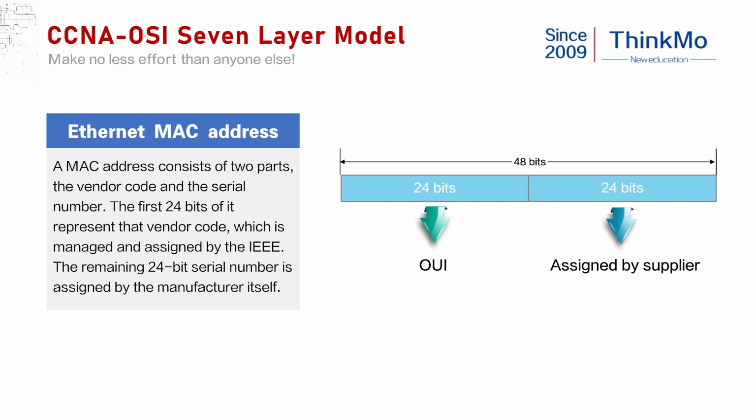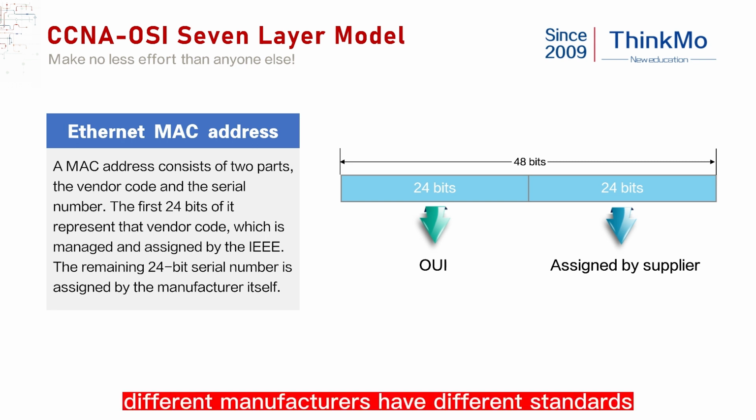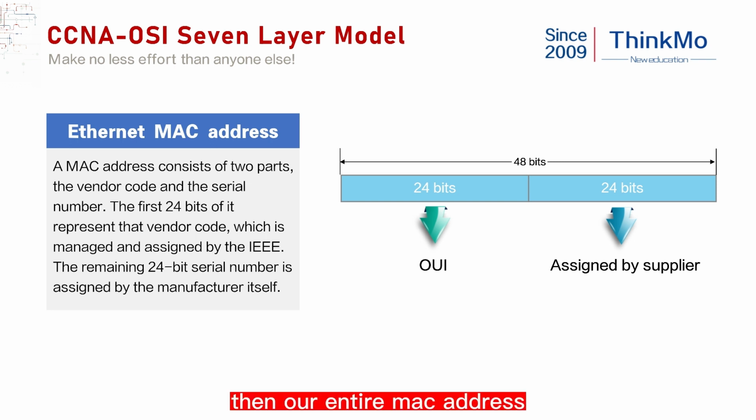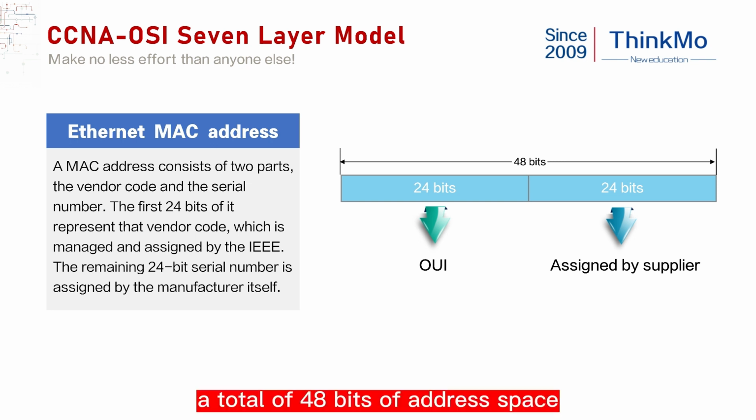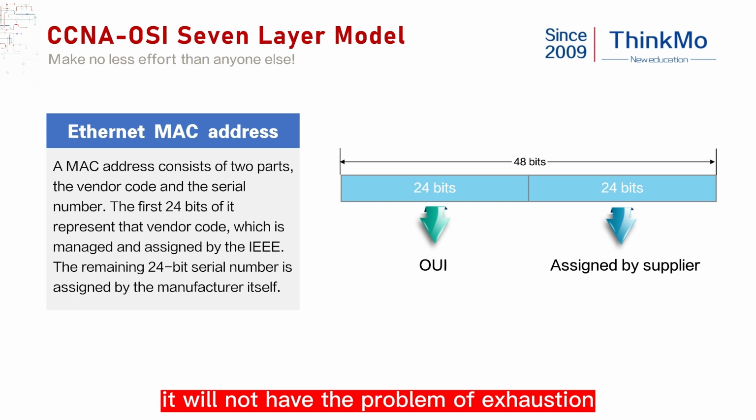For example, switches, routers, firewalls, and wireless devices all use numbers that start with their vendor's prefix. Different manufacturers have different standards. Our entire MAC address has a total of 48 bits of address space. First, it will not have the problem of exhaustion.